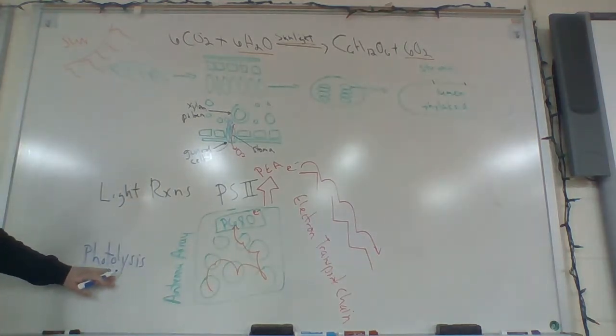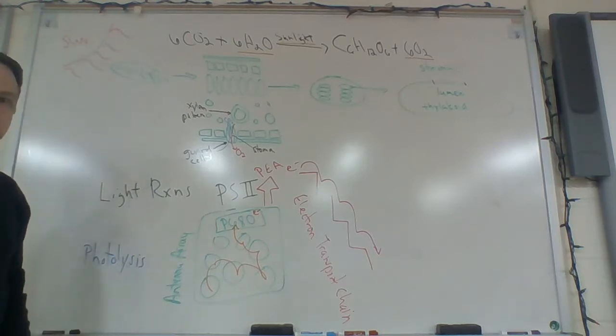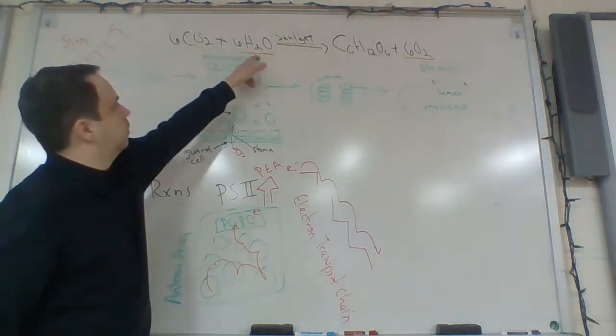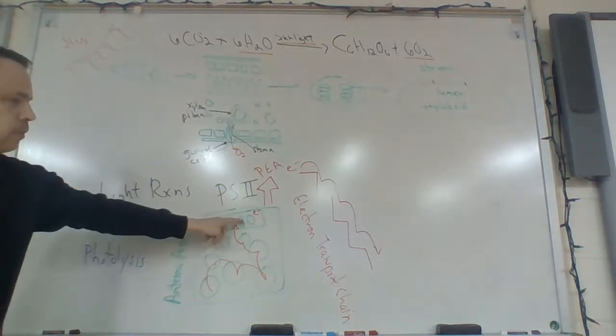Remember, photo just means light. Lysis means to split or to break. So photolysis is using light to break something, to split something. And we're going to split something specifically in the photosynthesis equation. We are going to split the water molecule. That's how we're going to replace this electron.